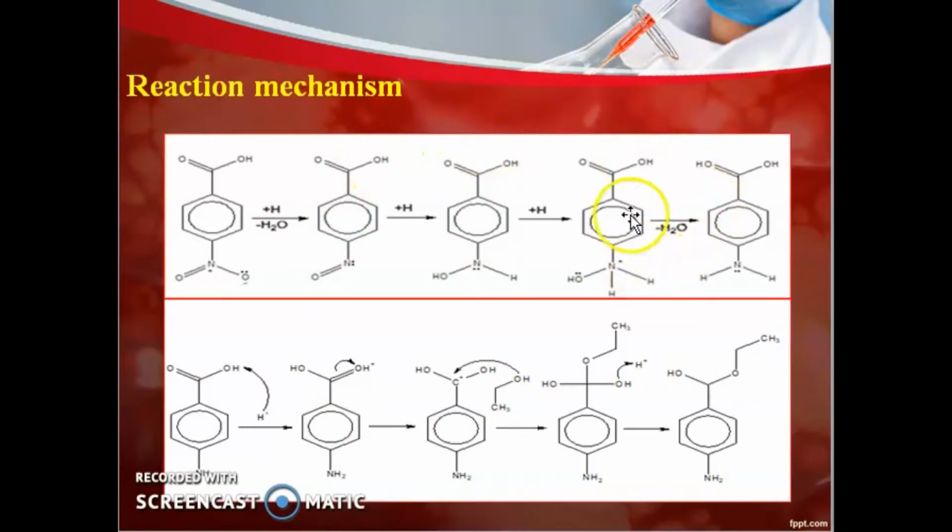So an H2O molecule is liberated and H plus gets attached here. As the reaction is carried further, there will be breakdown of the pi bond between nitrogen and oxygen and formation of a hydroxy group at the end.